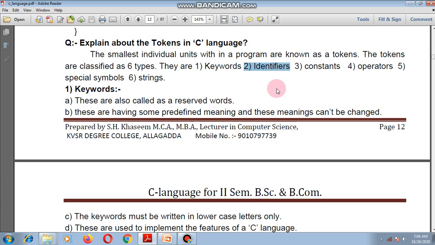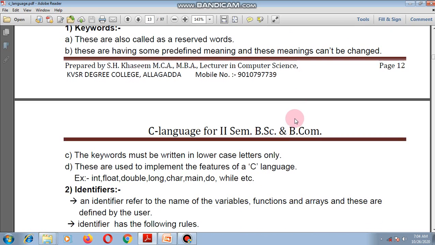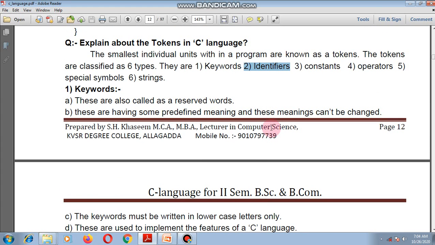Identifiers are the names given to variables, arrays, and functions. While giving an identifier, you must follow the rules. The first character must start with an alphabet or underscore, keywords should not be used as an identifier, and white spaces should not be given within an identifier.